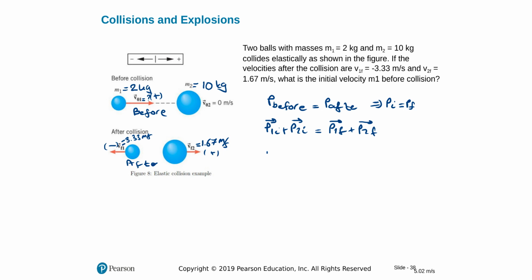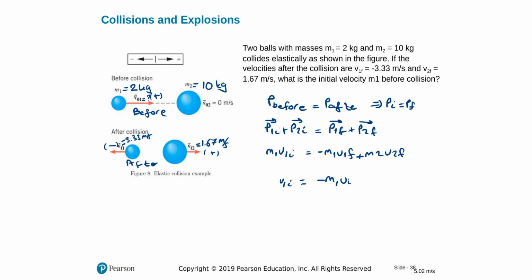So P1 initial, M1, V1 initial equals to minus M1, V1 final, that negative value here, plus M2, V2 final. And I'm looking for this guy, so I'm just going to go ahead and divide. V1 initial is equal to, if I divide both sides by M1, I'll get my answer.